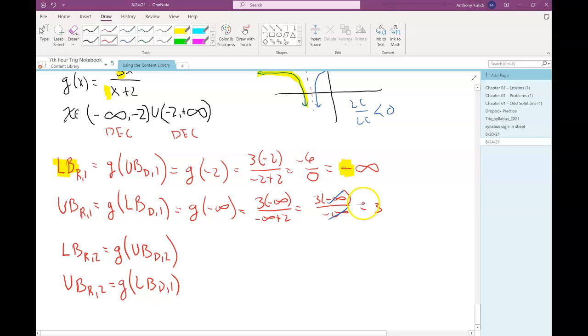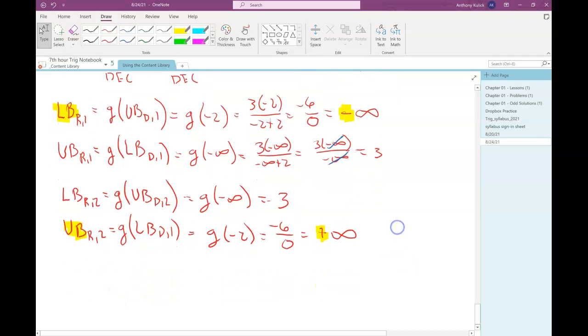All right. And now down here, this is going to just be g of negative infinity, which we already know is 3 from above. And this is going to be g of -2, which we already know is -6/0, or some kind of infinity. And because this is an upper bound, we know it has to be the positive infinity.